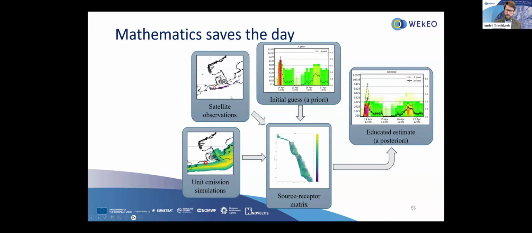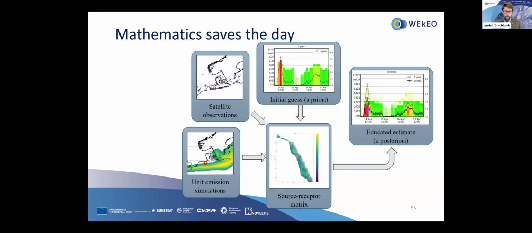But if we take these three inputs here, the initial guess, the satellite observations, and all of our potential eruptions, gather them into a huge mathematical matrix, we can massage this matrix using some mathematics and come up with a better prediction of what was actually emitted.